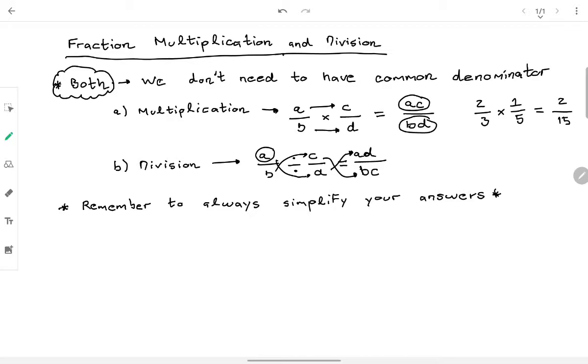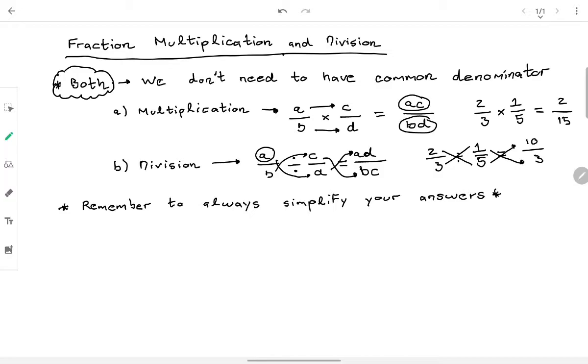So if we have the same 2/3 divided by 1/5, we will get 2 multiplied by 5 on the top part, and that will give us 10. 3 multiplied by 1 in the bottom part will give us 3.